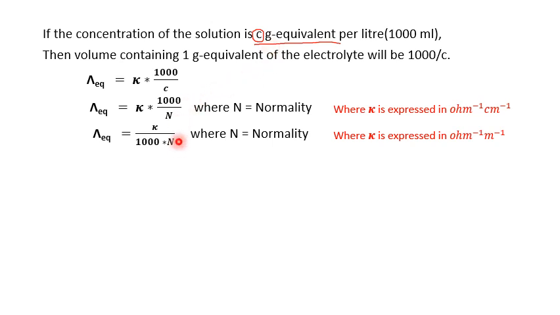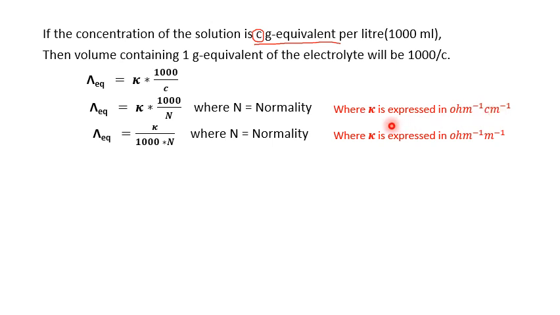Look here again. In this case also kappa and N remain in the same places, but here 1000 is present in the numerator, whereas in the second case 1000 is present in the denominator. This formula is used frequently and is very important. Here kappa is expressed in ohm inverse centimeter inverse.